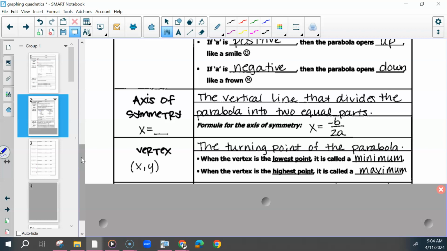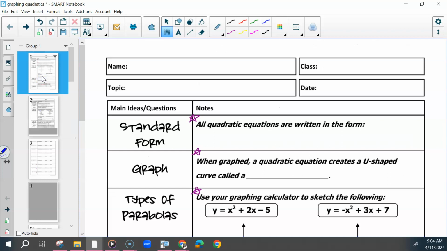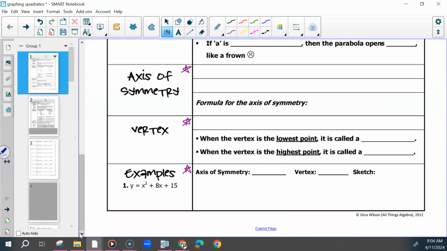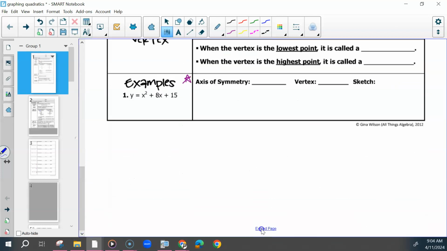So we're going to do example 1, which is on the same page at the bottom. I'm going to rewrite the axis of symmetry. X equals negative b over 2a. If you want to label your coefficients as a, b, and c, so you know which one is which, you can do that.